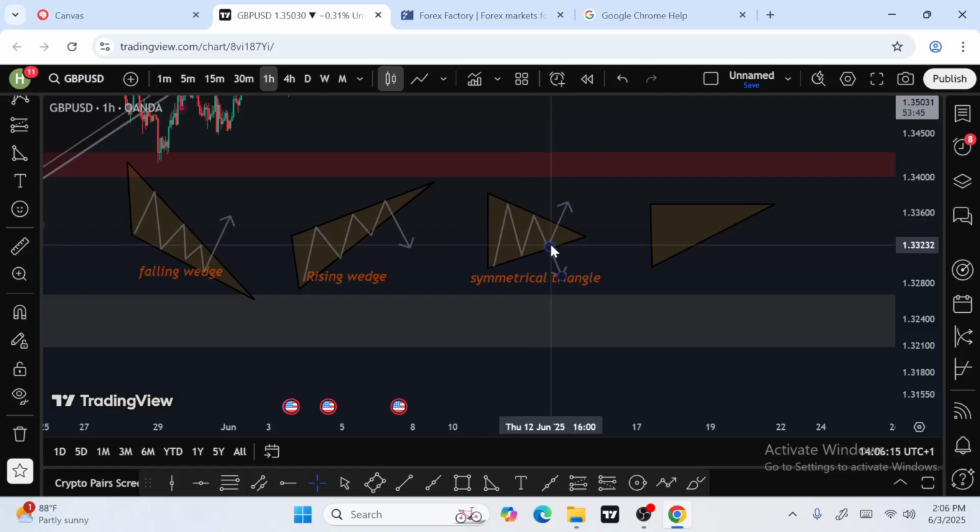Now it came down. Did it give us a lower low? It gave us another higher low. Now this higher low is different. This low is higher than this. This low is higher than this. Oh, you will understand now.